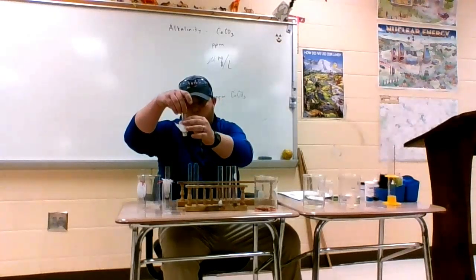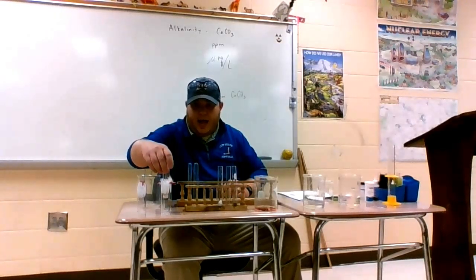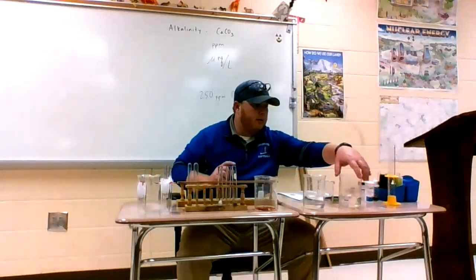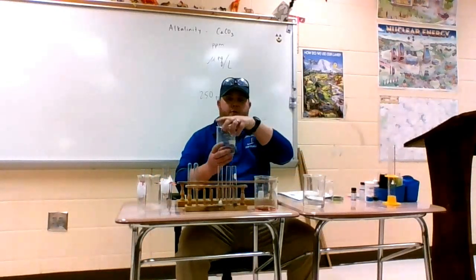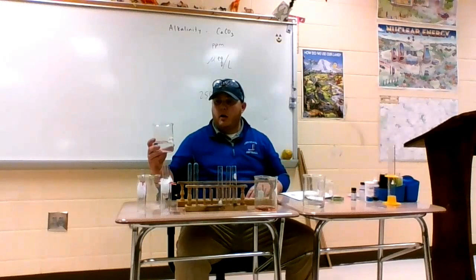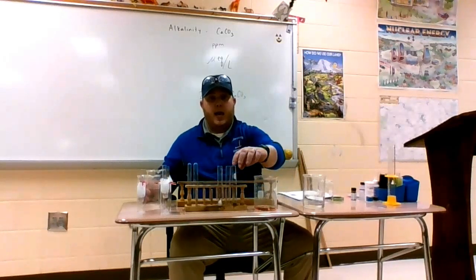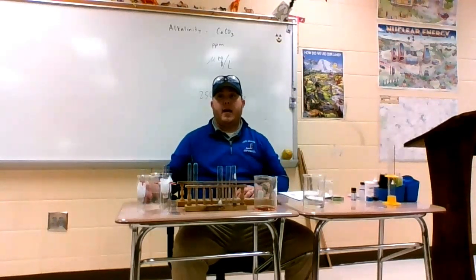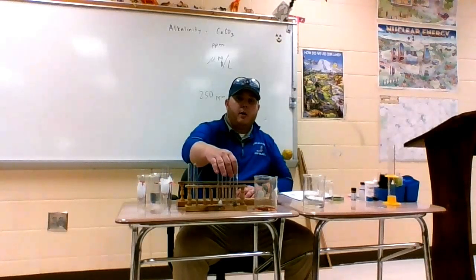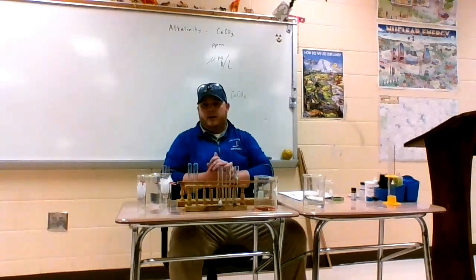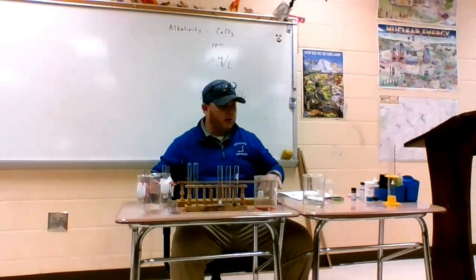We're gonna run the acid rain, this solution of sulfuric acid and water, through these tubes, and we're going to check the pH of everything to see how each substance buffers the pH, the alkalinity of each thing. So here we go.